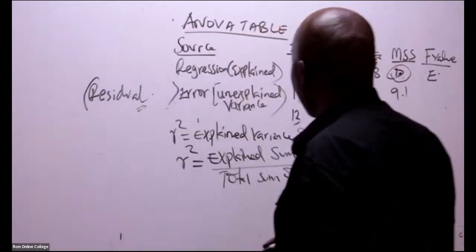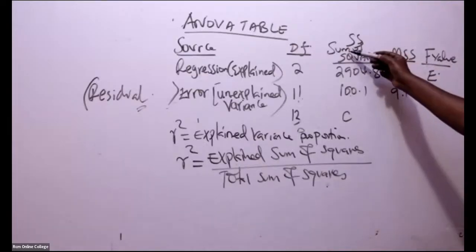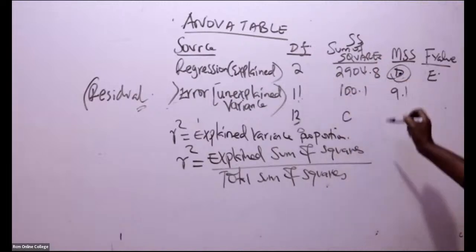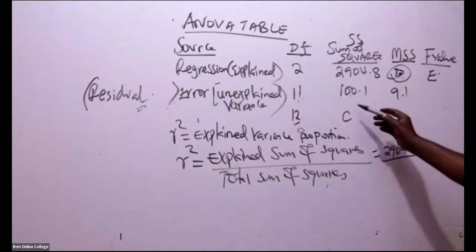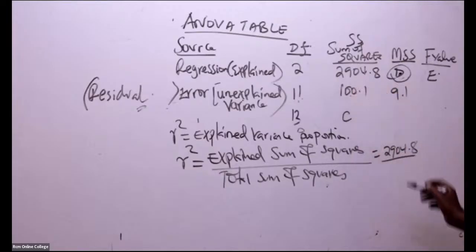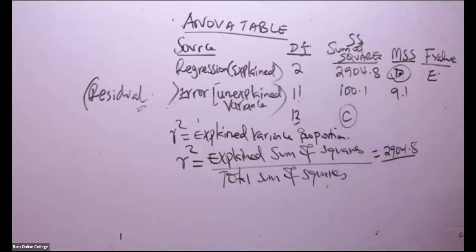So you take the explained sum of squares all over the total sum of squares. Fortunately, we have the sums of squares. Explained is this one, 2904.8, all over the total. You guys had added this and gave me a figure of 30-something. You got this total here. Total sum of squares.